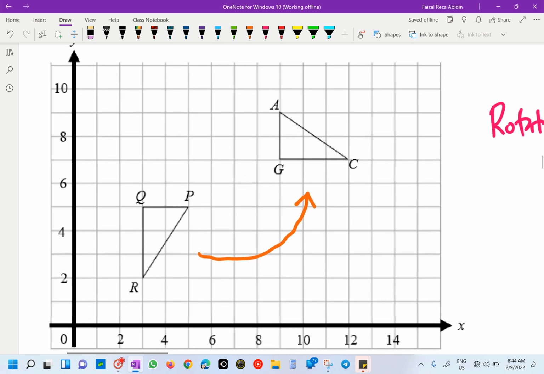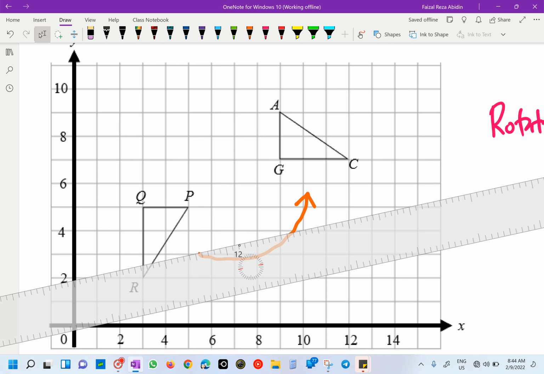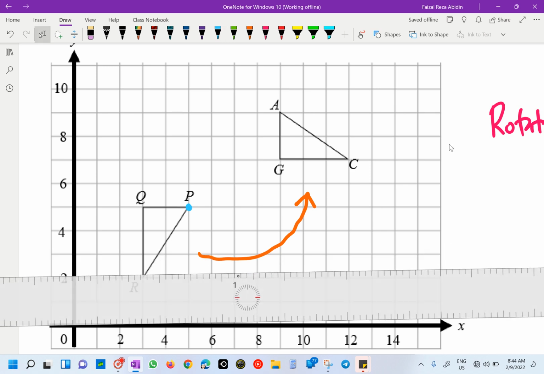Okay, this one, first thing first. Nak dapat markah akhir ni. Take your ruler. If you look over here, our P is going to be the same as our A. Correct. Our Q is going to be the same as our G. Am I right?